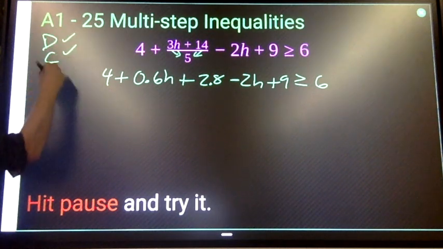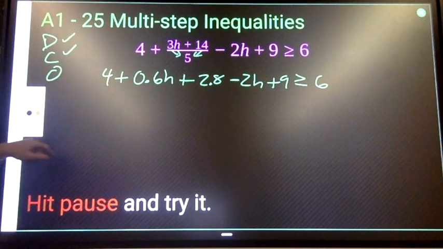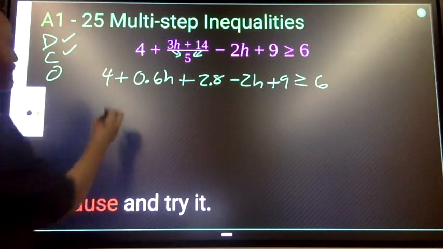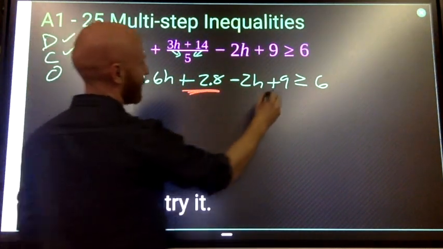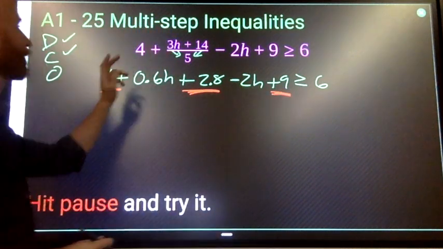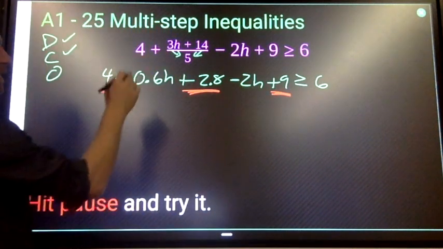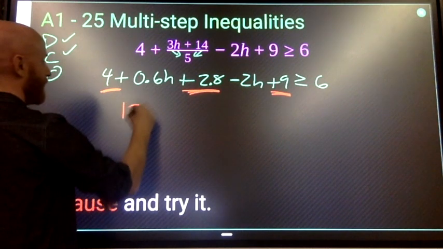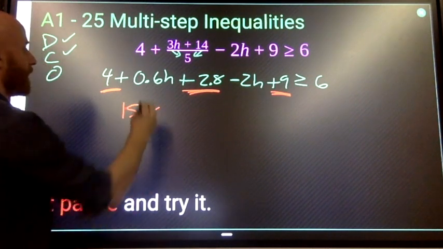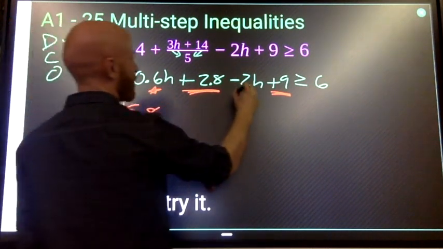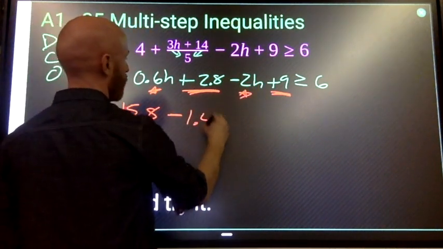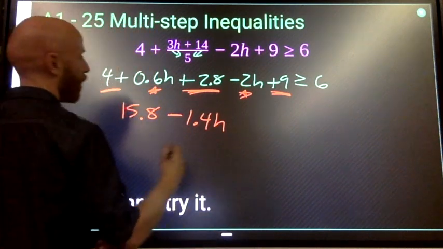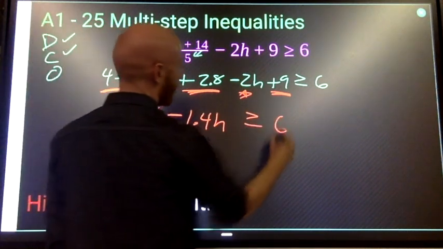Combine like terms. 4 plus 2.8 plus 9 is going to be 15.8. 0.6H minus 2H is going to be negative 1.4 H's. All of that is bigger than or equal to 6.